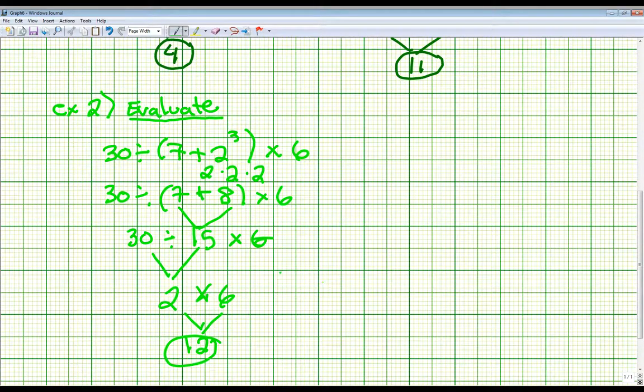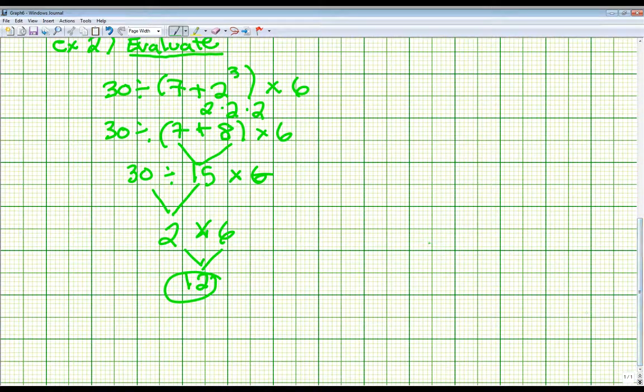Okay, so we're going to move on to example 3. So we'll get some more space here and pick a new color. Example 3 just says using the order of operations, and again it says evaluate.